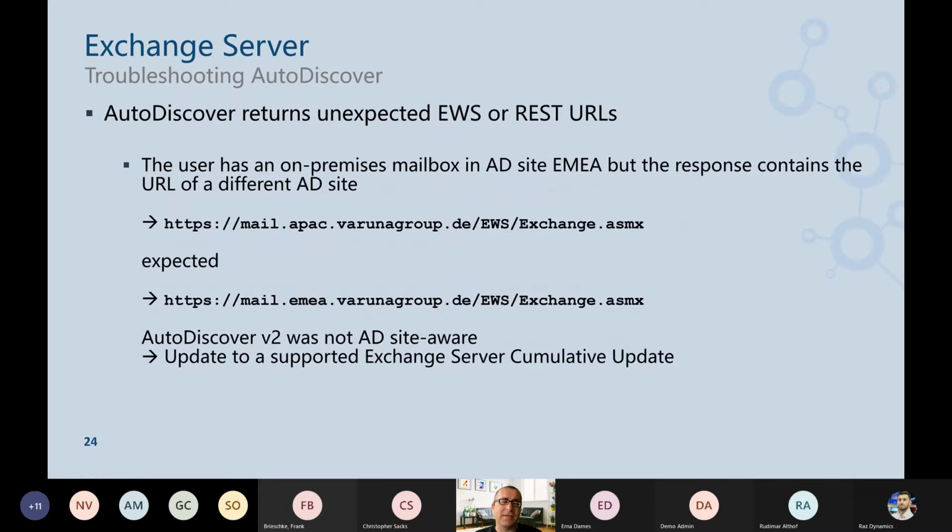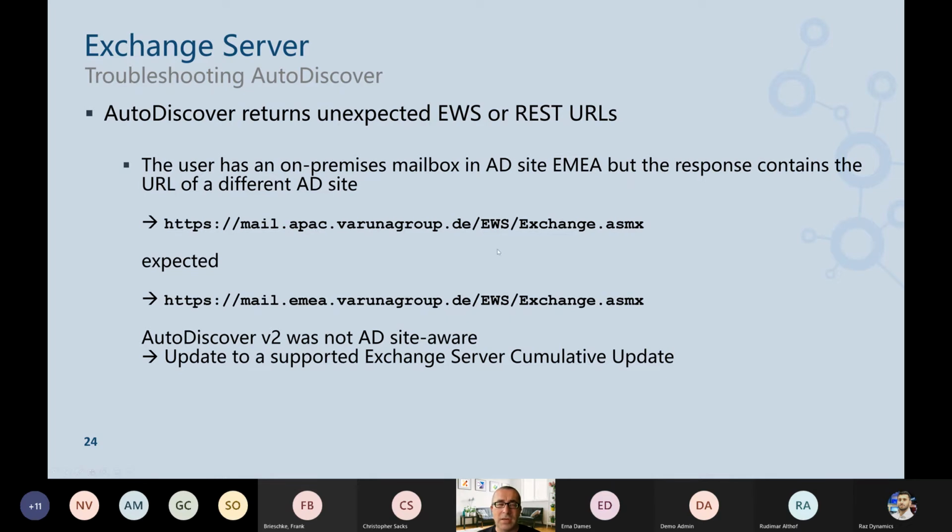Another thing is that if you are in a multi-Active Directory site environment, so a larger Exchange organization, you might see an issue where, as an example, you expect that the mailbox is located in an Active Directory site named EMEA, for which you have a dedicated namespace, but Autodiscover returns the region for Asia and Pacific.